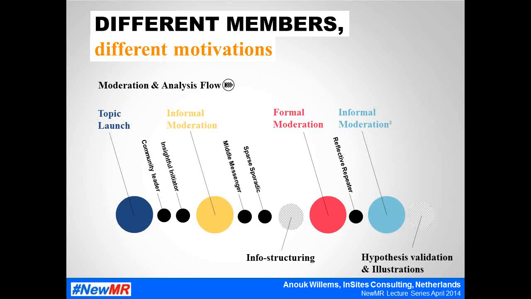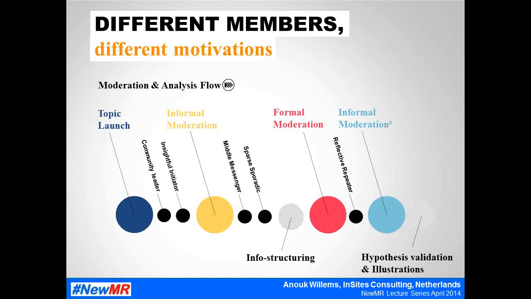What are they exactly? Let me start with the formal moderation. This is an intervention moment meant to summarize and interpret the discussion. And this moment usually happens around 30 posts. Why then?